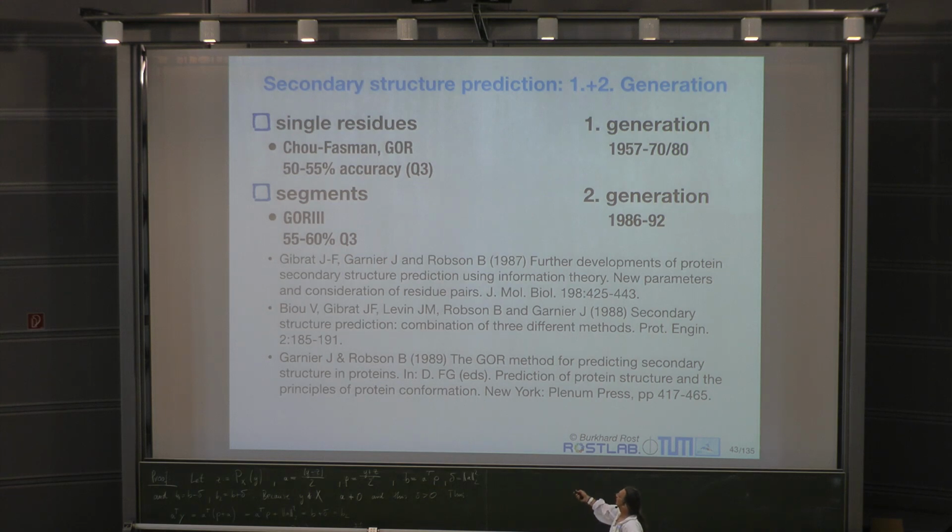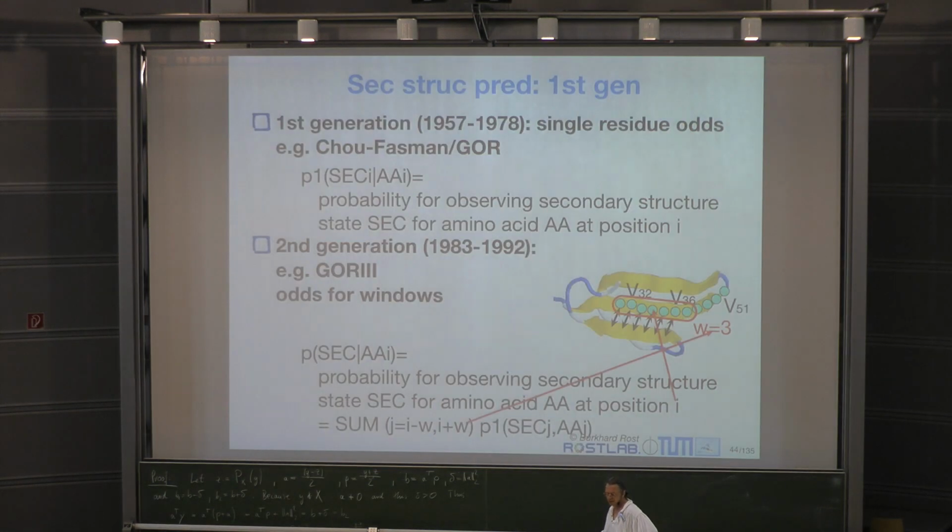Again, Garnier, Osguthorpe, and Robson, but the publications include other people, which reaches a level of 55 to 60% in Q3.